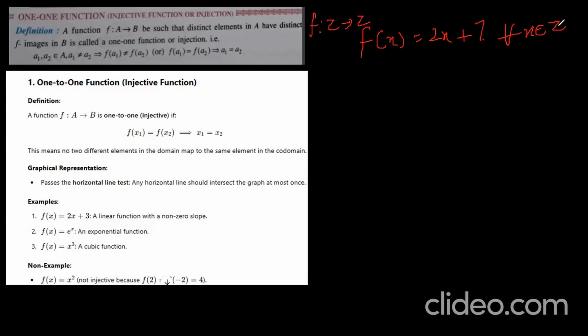Is it one to one or not? We have to check. Yeah, definitely it is one to one, right? Because you are giving one value of x, you are getting different value for y. For distinct values, you are getting distinct values of f of x.